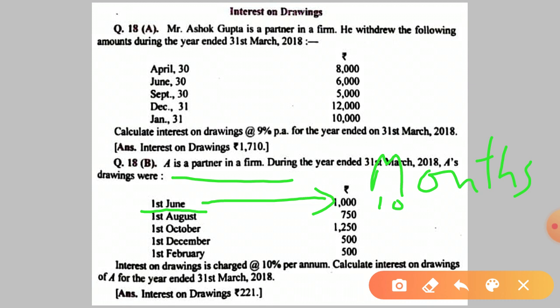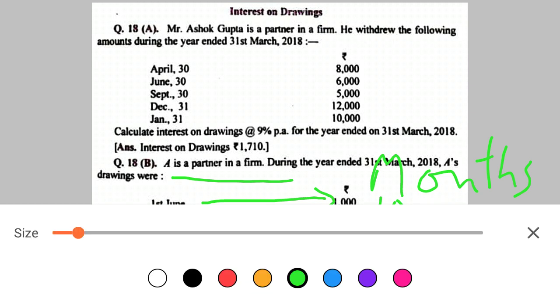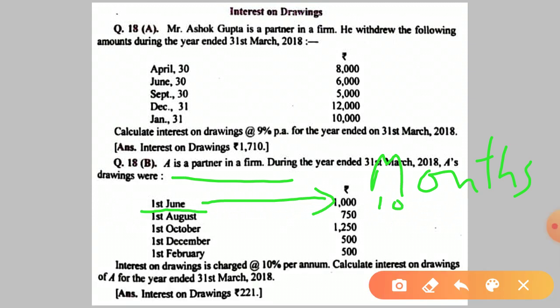Then if the drawing is made on 1st August, how much is remaining for this? Tell me. Yes, correct, 8 months.